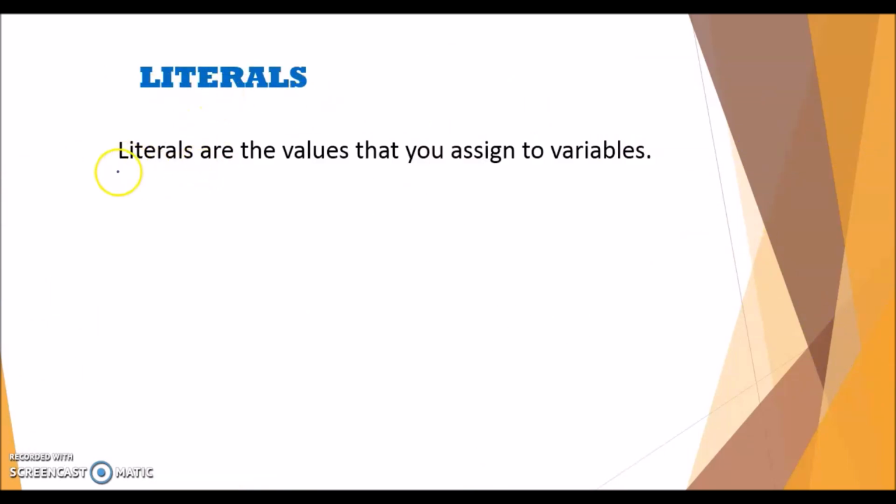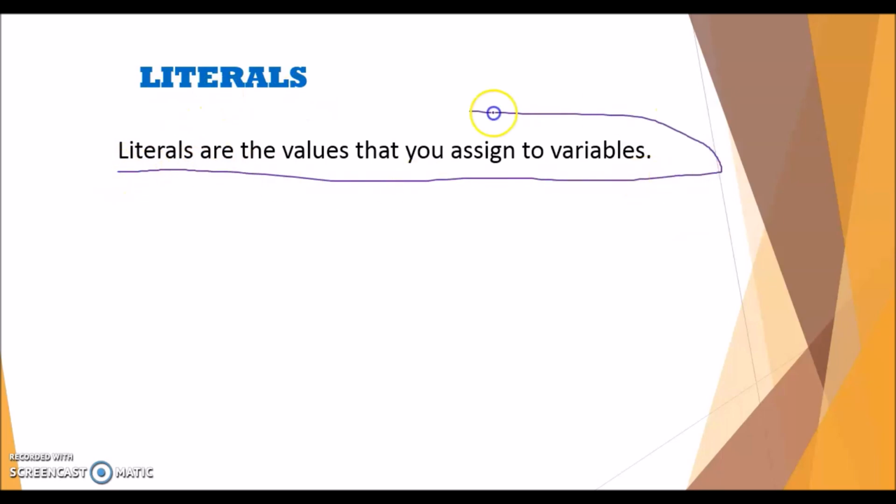Next are literals. Literals are the values that you assign to variables. As discussed before about the initialization of variables, where we give them values, when values are given to variables, they are called literals.